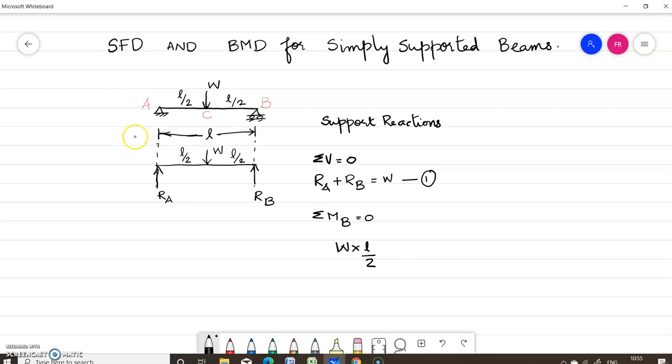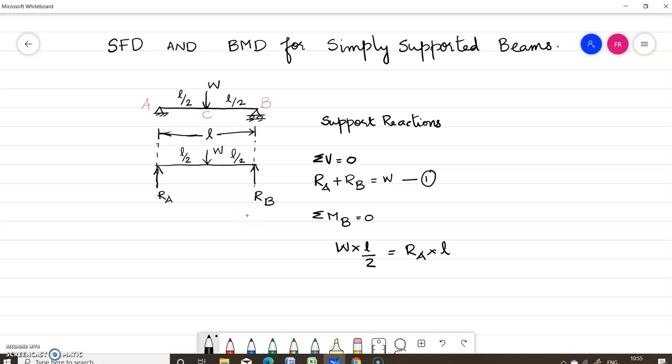Now what is the moment of RA about B? RA is acting upwards. It is producing a clockwise moment about B. RA is trying to rotate this member AB in the clockwise direction about B. So we can write this is equal to RA into L. Since RB is acting through the moment center, there is no moment of RB about B.